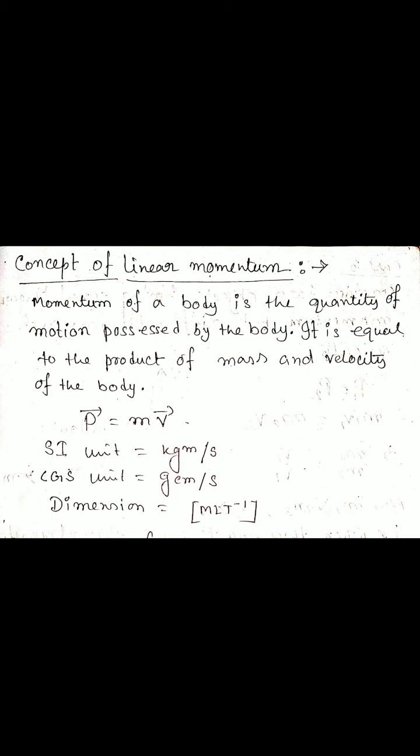Now take another example. Suppose we take a bullet. We have to put in a greater effort to stop a bullet fired from a gun than to stop a bullet of the same mass when it is just thrown by hand. The same bullet, so the mass will be the same. If we throw it by gun and if it is thrown by our hand, in which case will it take more effort to stop the bullet?